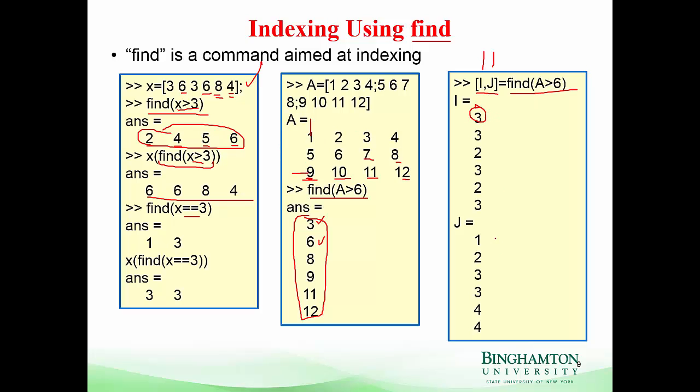So we get 3, 1. And then 10 was the second one that was indexed, so that was at position 6, but that's at row 3, column 2, and so on. So then the 7 will be at row 2, column 3, and the 11 will be at row 3, column 3, and so on and so on. So the order that these things come out in as pairs still follows this structure that we would have for the single index scheme, but at least we have two index pointers into where these elements are.